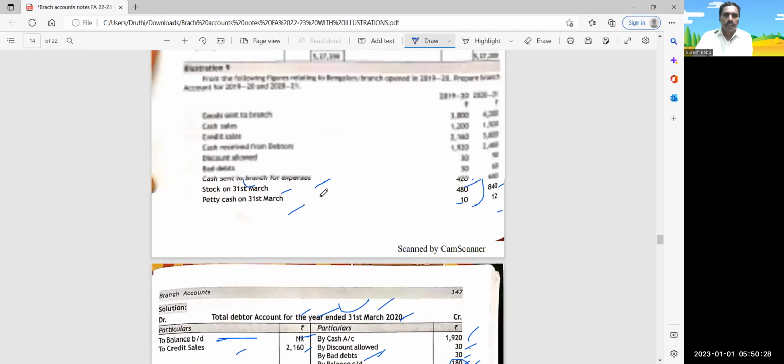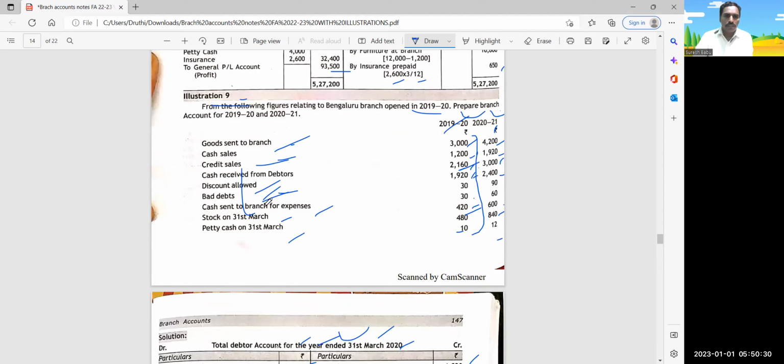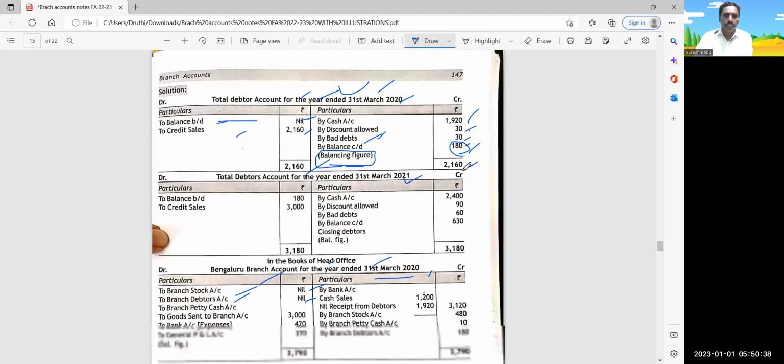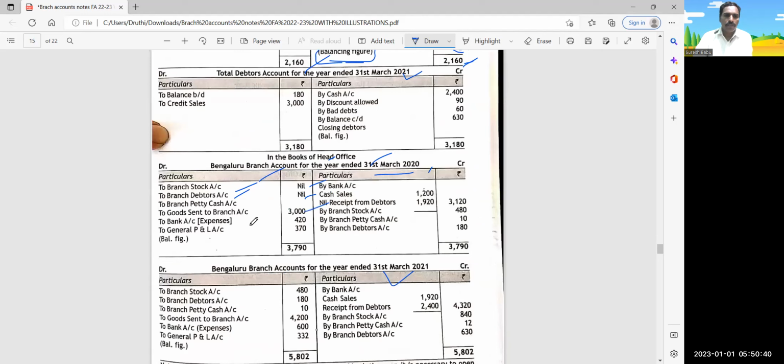Okay. Then goods sent to branch, correct? So how much is goods sent to branch in 2020? 3,000, debited 3,000. Expenses sent, how much in 2020? 420. Then there is bank account and sales, right? Bank account means cash sent from branch to head office.